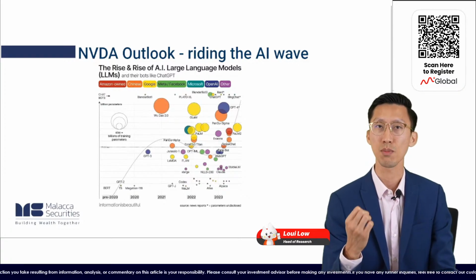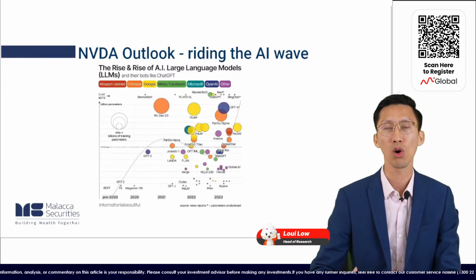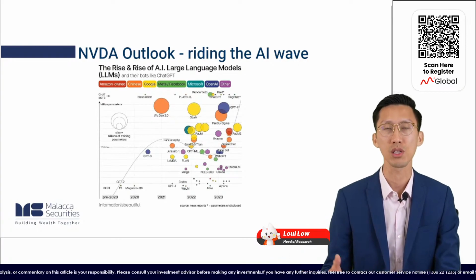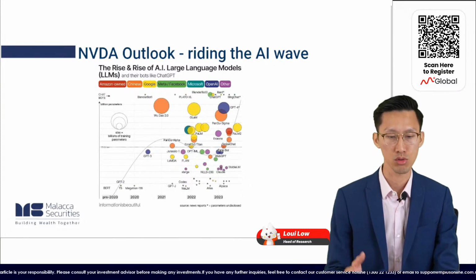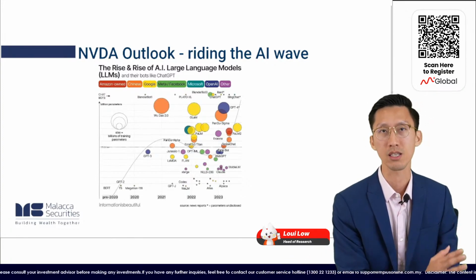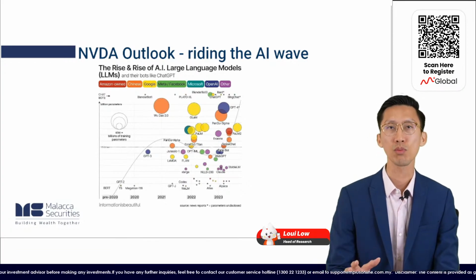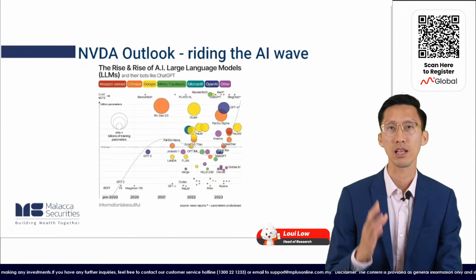Okay, so that is my view on this, because I believe that artificial intelligence has more use cases as compared to whatever crypto has actually done. Okay, so crypto related virtual currency use cases are lesser than AI.